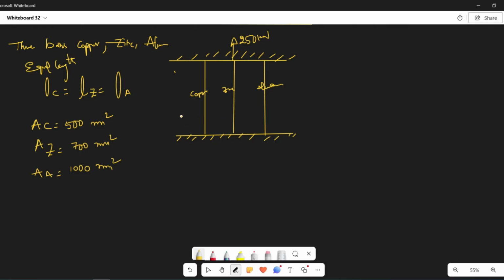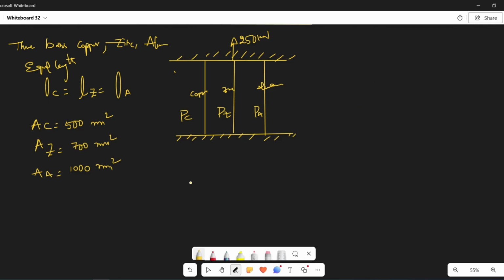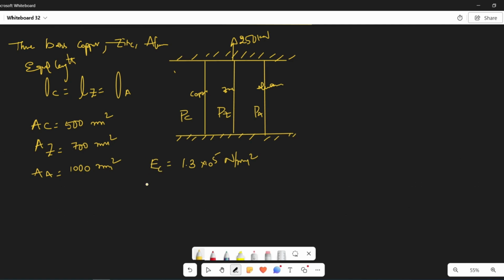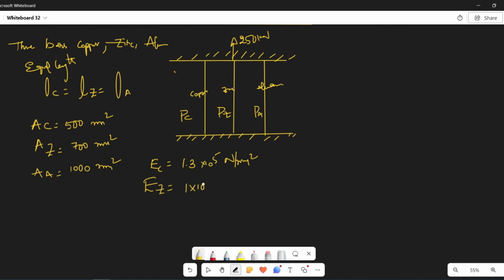We have to identify what is the load on each and take the values of E for copper, zinc and aluminum.